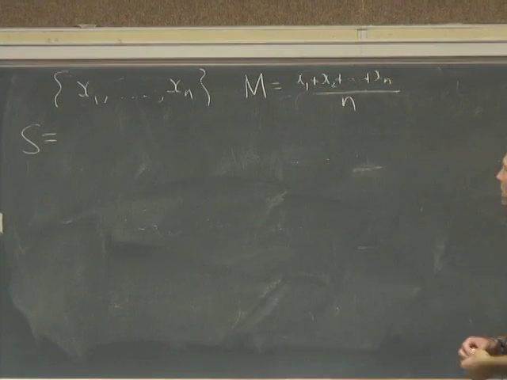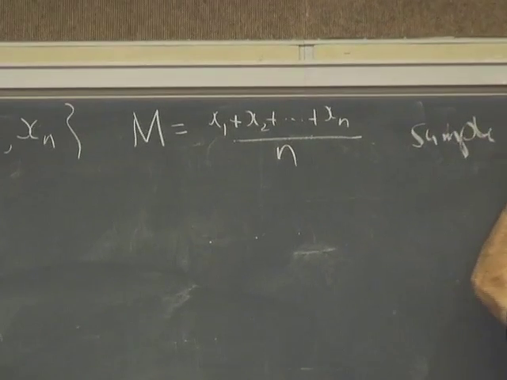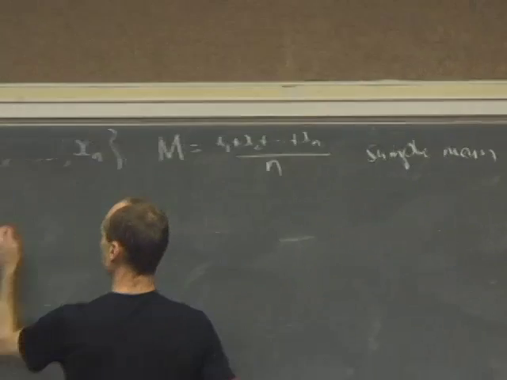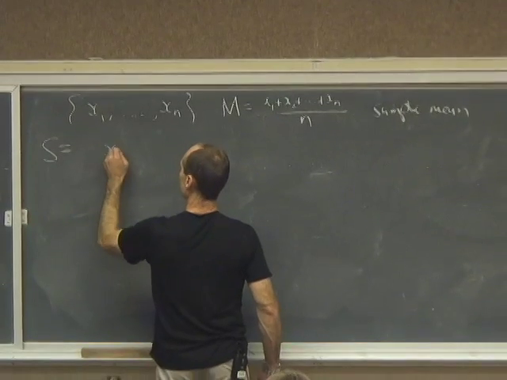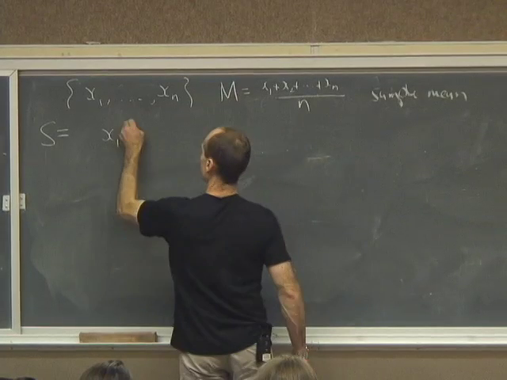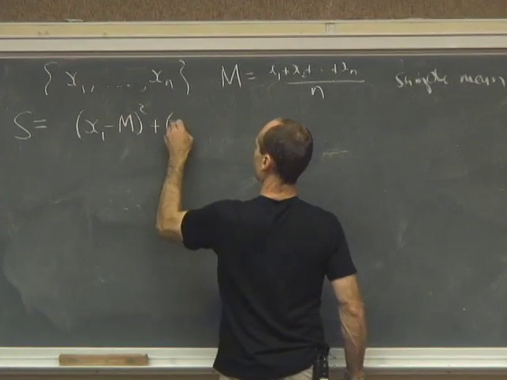That's the sample mean. Then the way we form S is we start by taking the residuals between the data and the sample mean, squaring them.